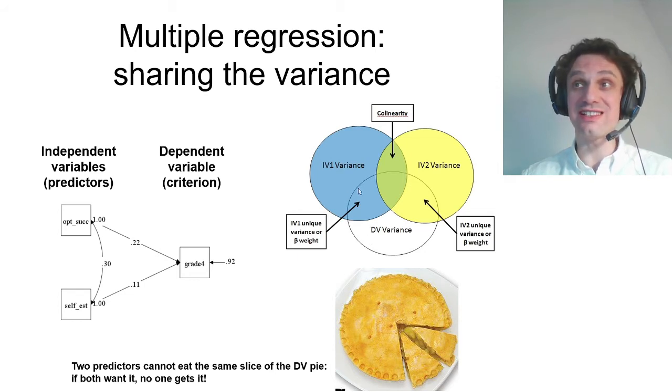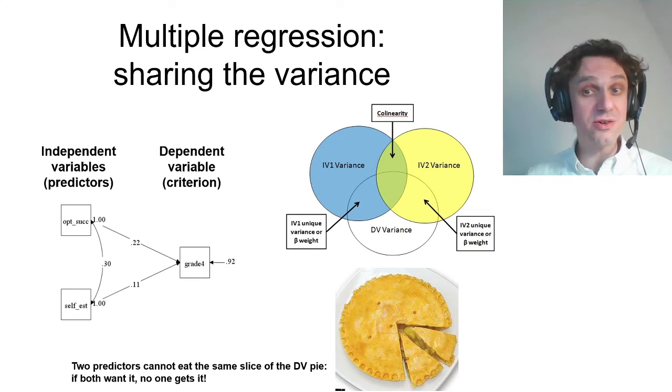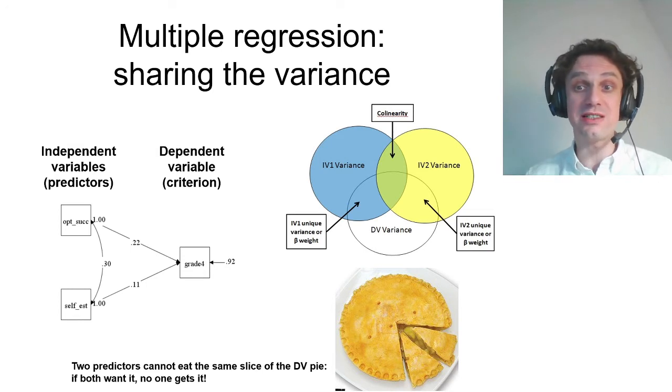The portion that is associated with each of these individual predictors, with each of these independent variables, and the rest of the dependent variable variance. The rest of the variance might be predicted by some other causes. We don't know what explains it, so we call it error variance. Error variance or residual variance, it's basically unexplained variance. We don't have any other basis to explain it.